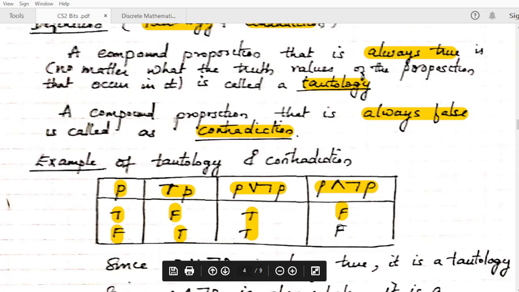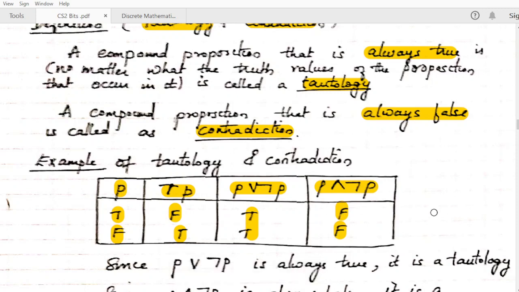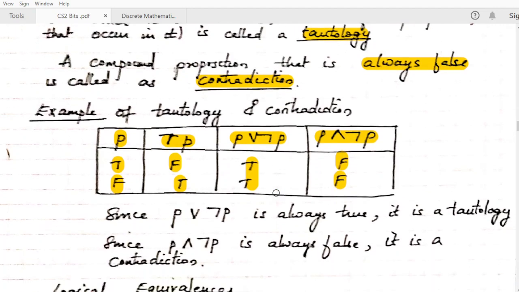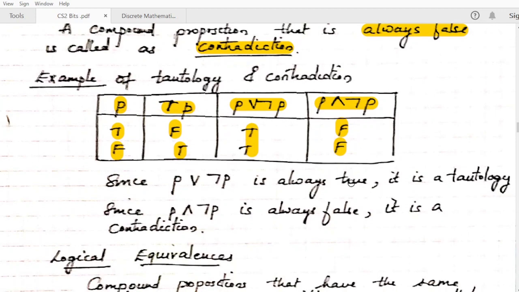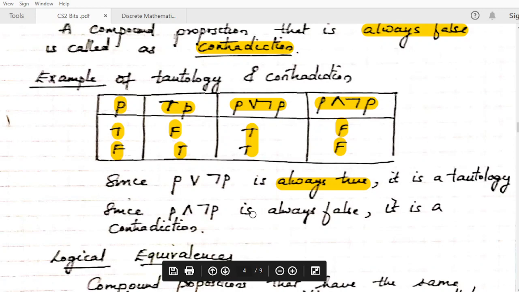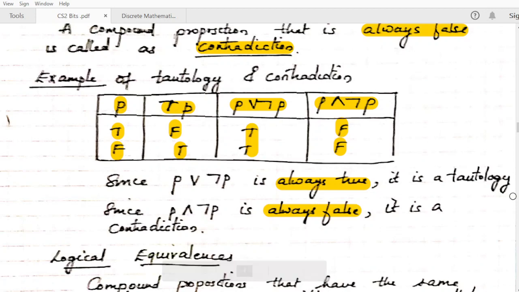False and true is false. So we get the truth values for P and negation P as false. So P or negation P is a tautology since it is always true, and P and negation P is always false, so it is a contradiction. These are simple examples of tautology and contradiction.